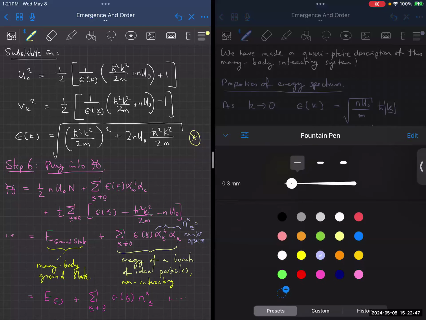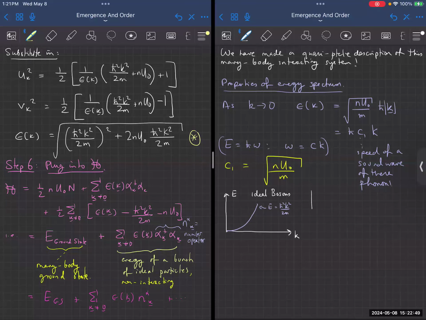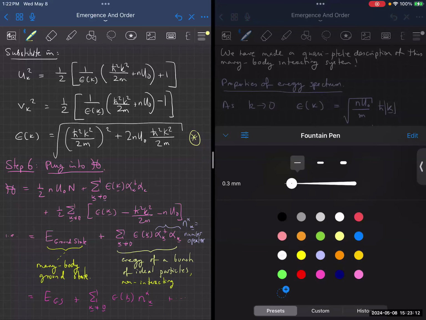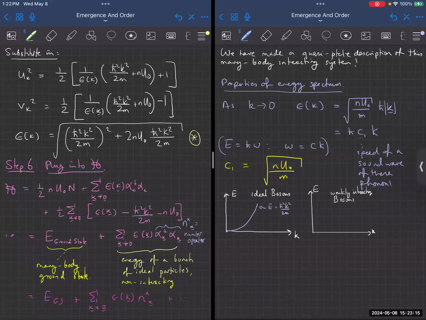But now what we've discovered is that if I now write down non-ideal bosons and plot the energy, so now these are weakly interacting bosons, the dispersion relation actually is linear at the origin, and then eventually starts to curve up like that.